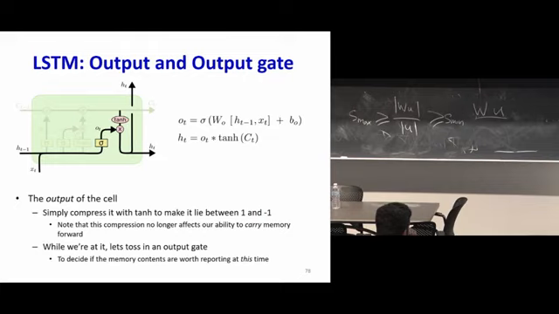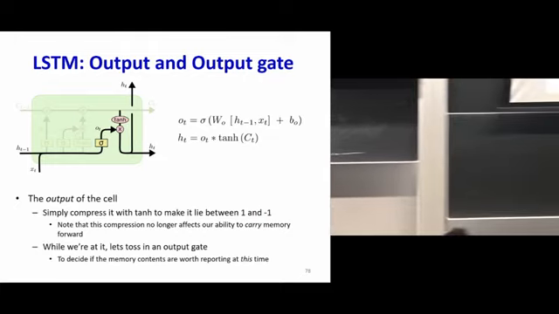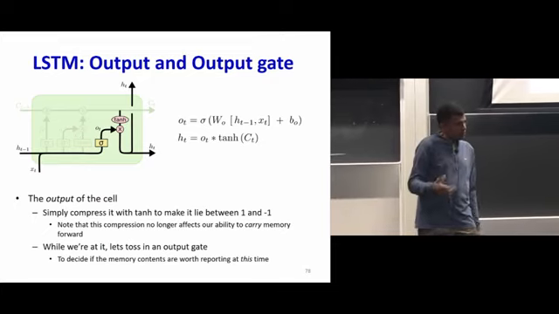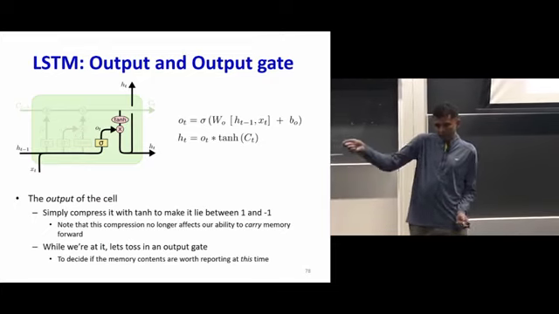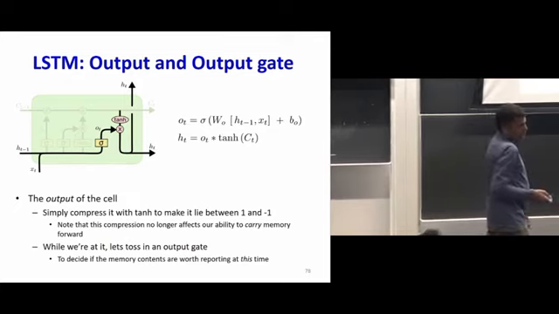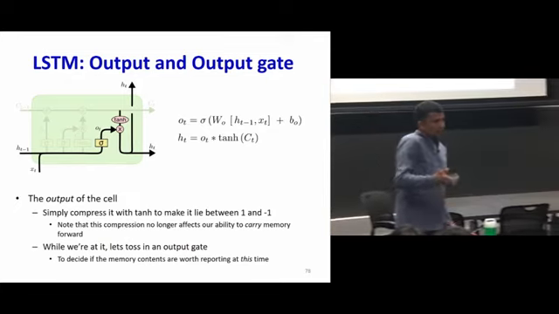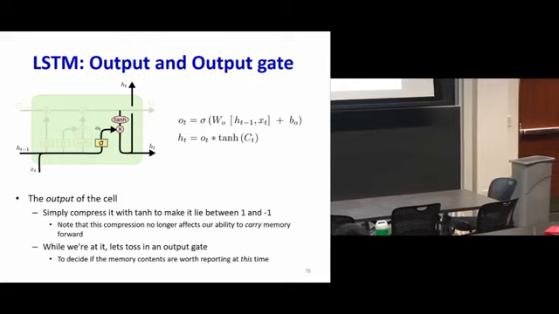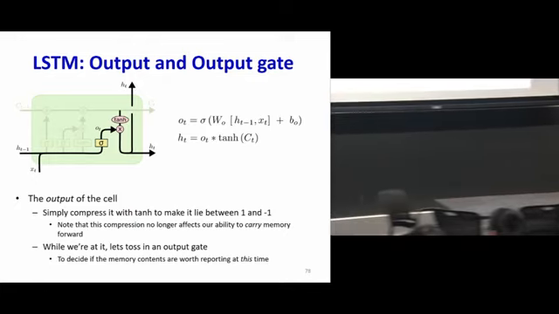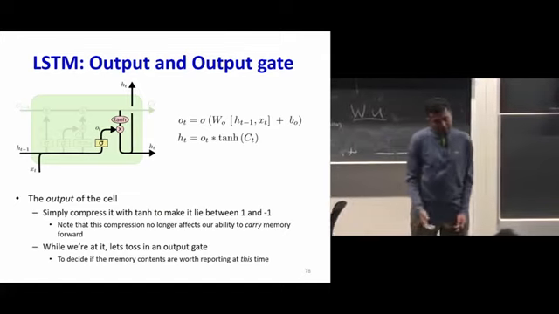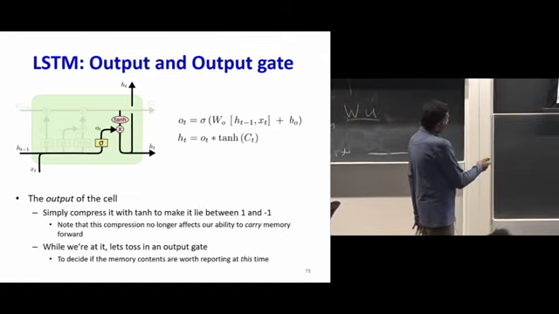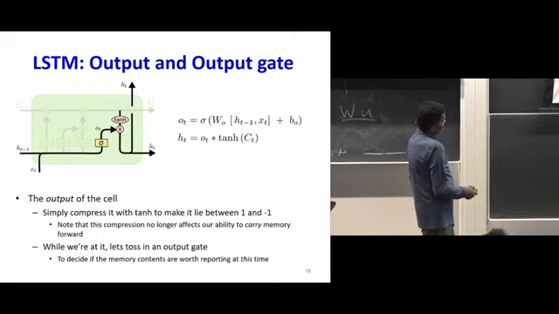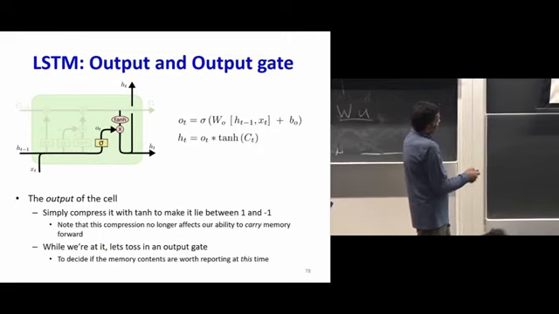Nevertheless, we know that the nonlinearity is required for a neural network to be able to do useful things. So we separate these two things. You have the state which is being passed through unmodified, which is C. But then you add this post-processing step of compressing it nonlinearly before you do any other neural network stuff with it.